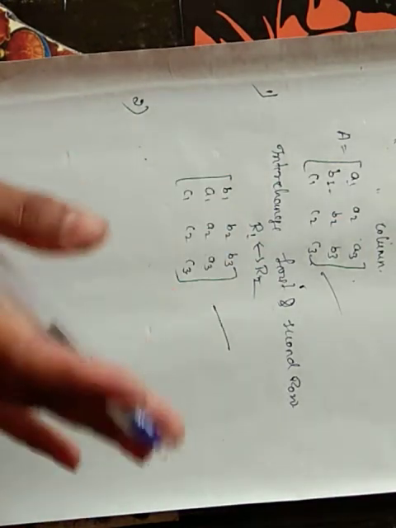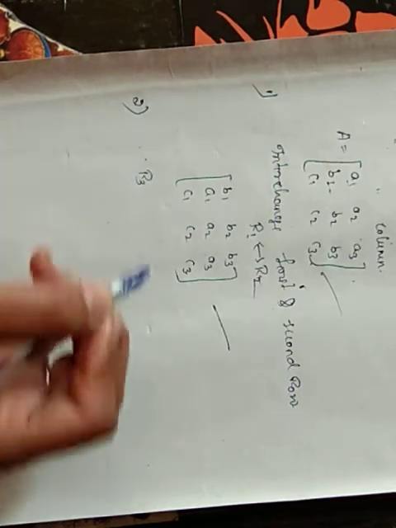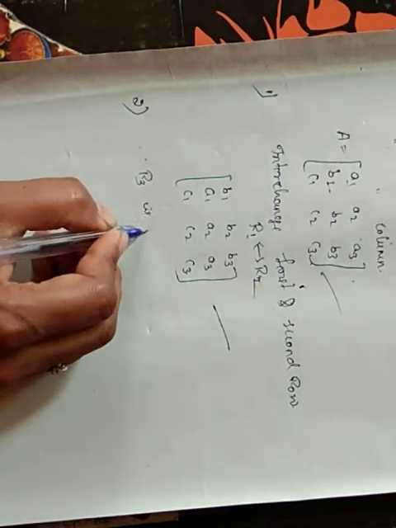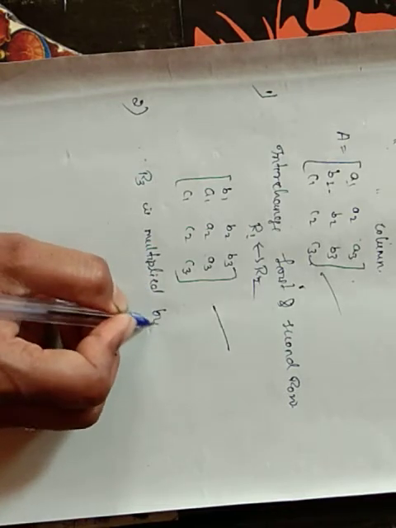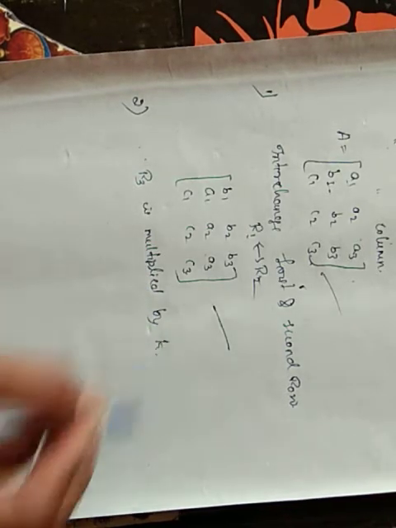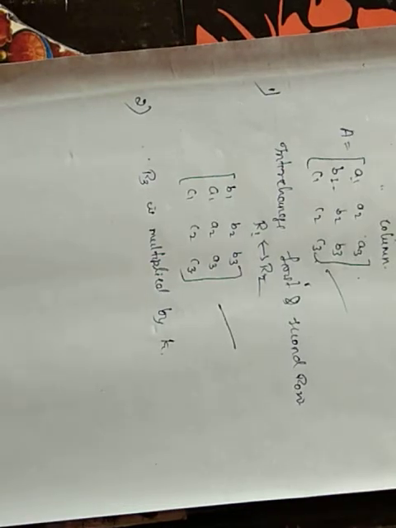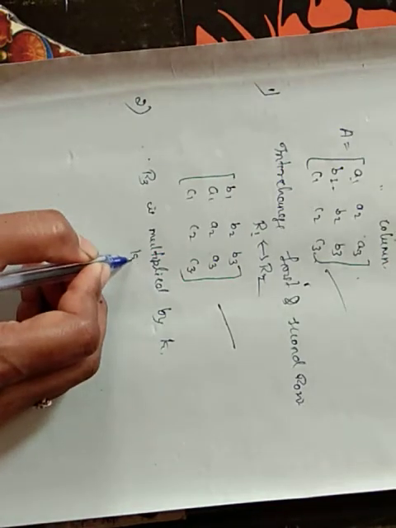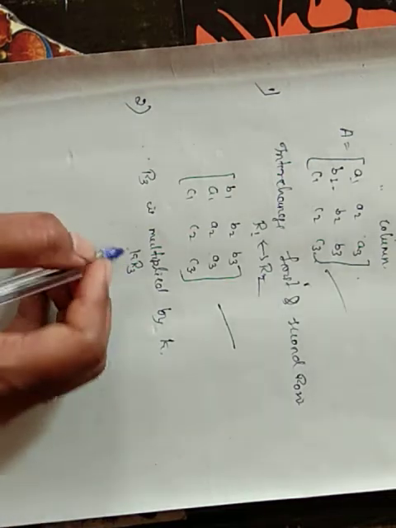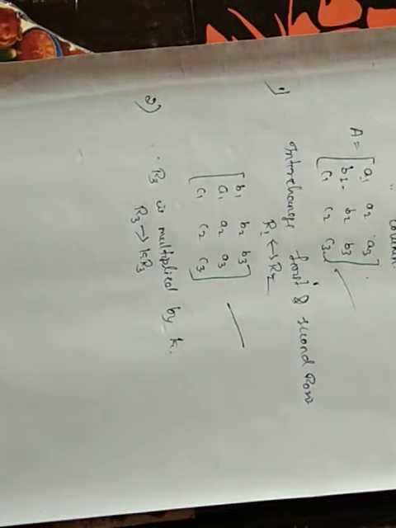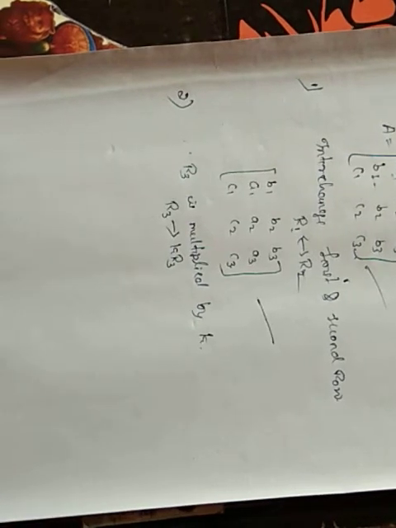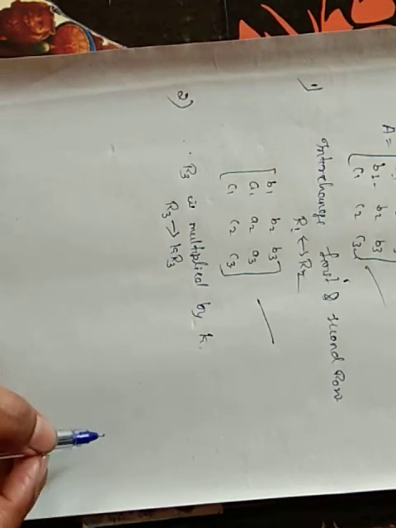Suppose I take R3, multiplied by a constant K. How to indicate this? R3 tends to K into R3. That is the indication of the second rule.